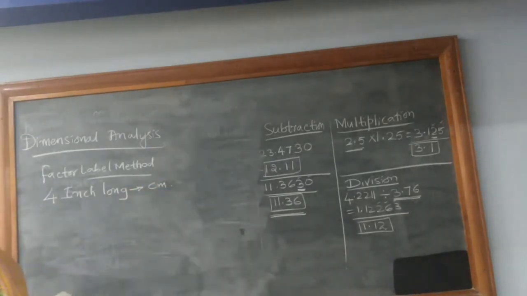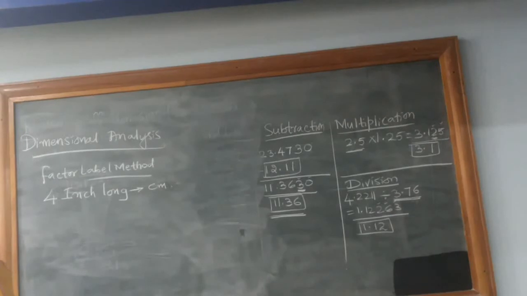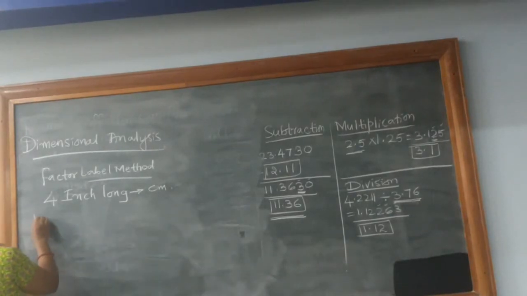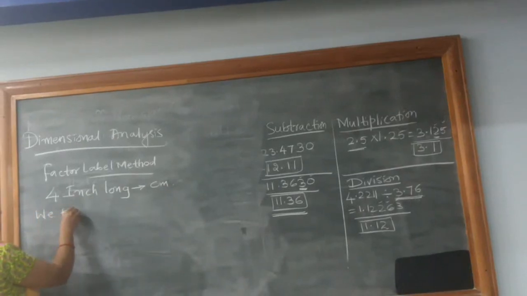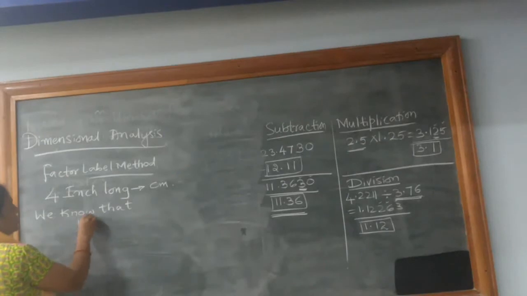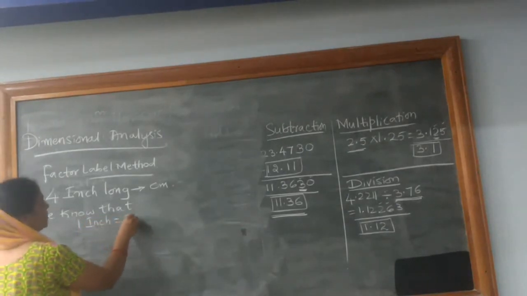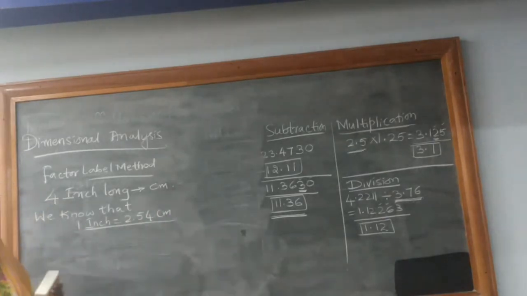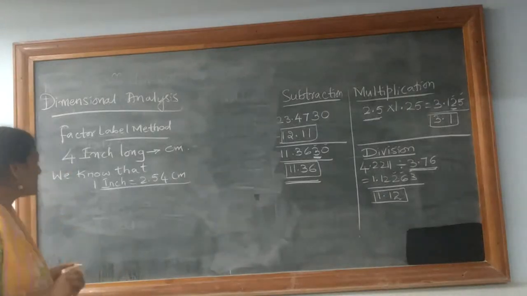You should know the conversion factor. What will be the conversion factor there? We know that 1 inch is equal to 2.54 centimeter. This you should know. 1 inch is equal to 2.54 centimeter.